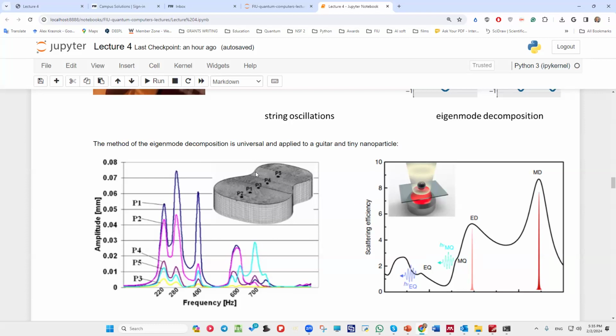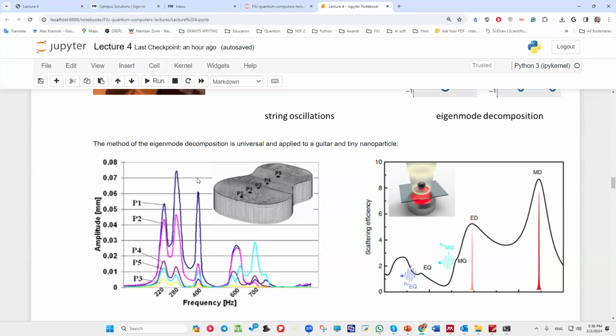The picture on the left shows us some acoustic response of a guitar. So this is a guitar, and the authors of this paper measured the sound in different places of the guitar, and recorded the response.